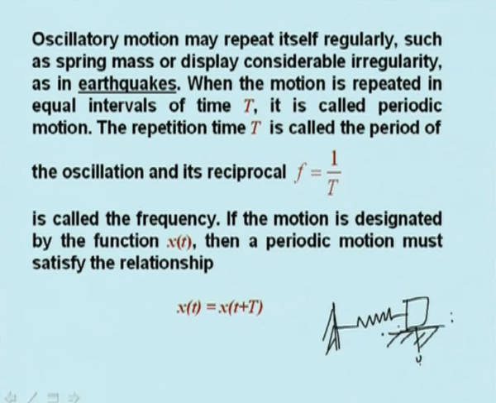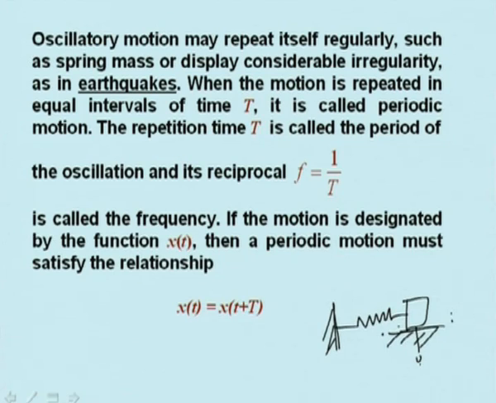Now, when the motion is repeated in equal intervals of time, it is called periodic motion. The repetition time T is called the period of the oscillation, and its reciprocal f, equal to 1 by T, is called the frequency.